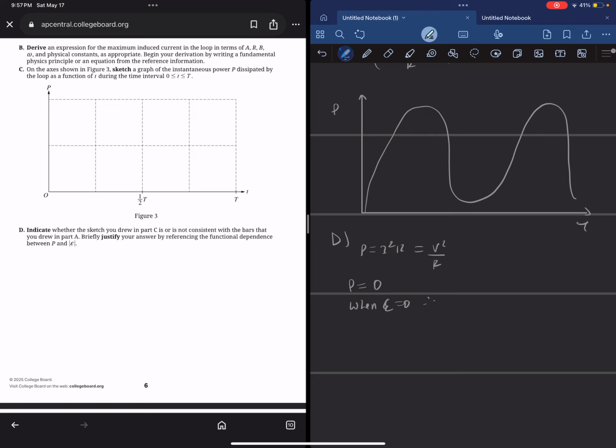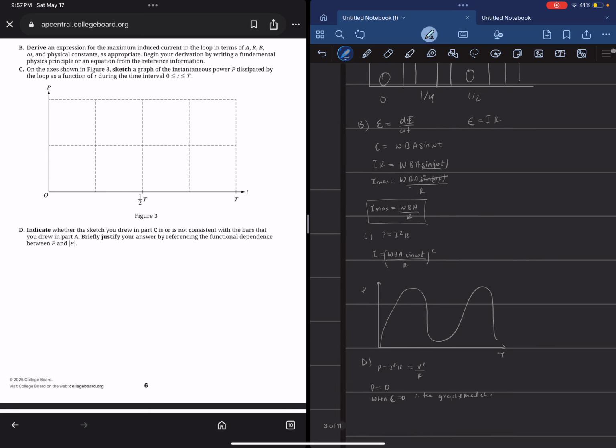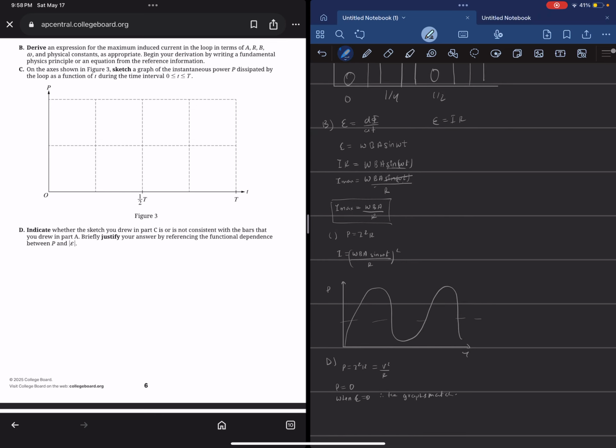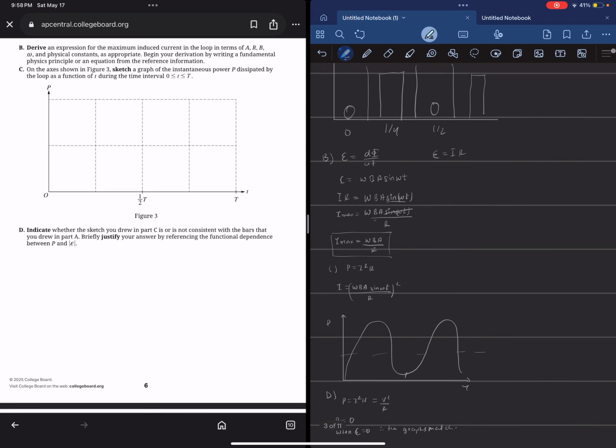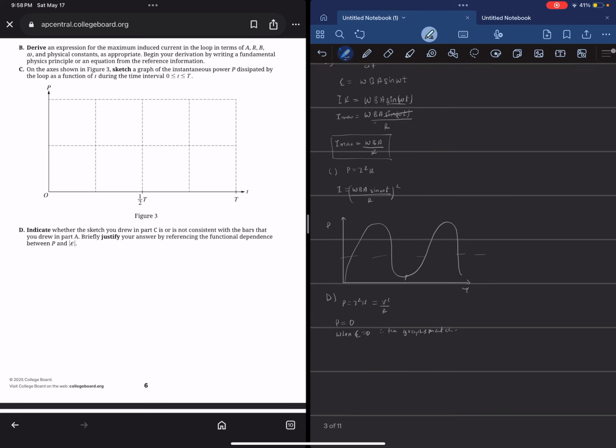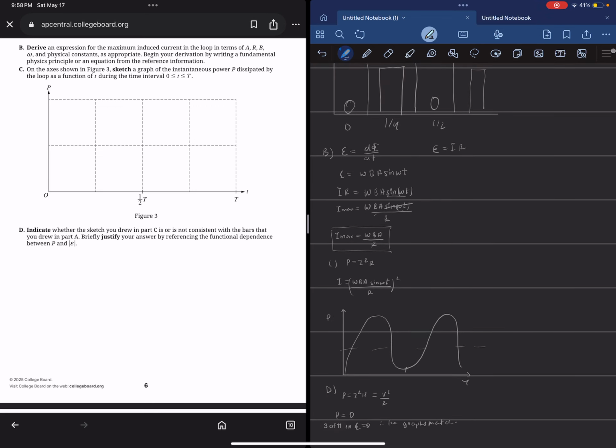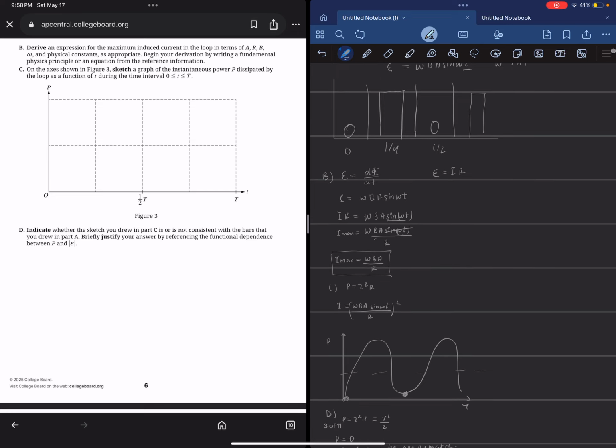Therefore, the graphs match, because you can see that it's a sine curve that equals 0 when your EMF equals 0. So it's 0 here, it's 0 at 1/2, but it's at its max at 3/4 and 1/4. So yeah, that makes sense.